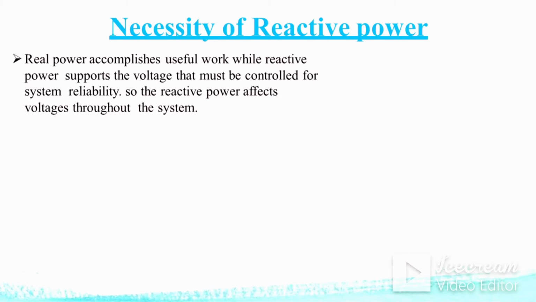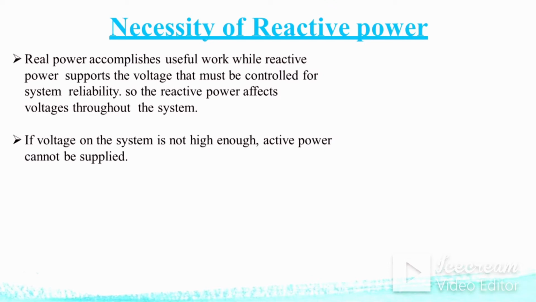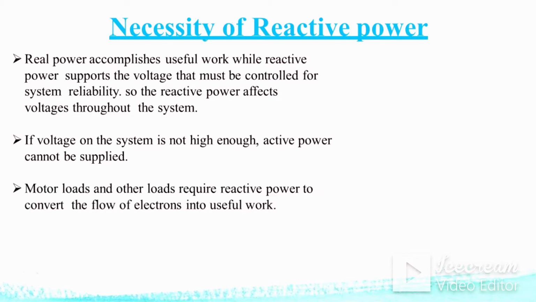If there is any change in the reactive power, it is going to hamper the voltage of the system. And once voltage instability occurs, it makes the system fall out of synchronism. If the voltage on the system is not high enough, then the reactive power cannot be supplied.